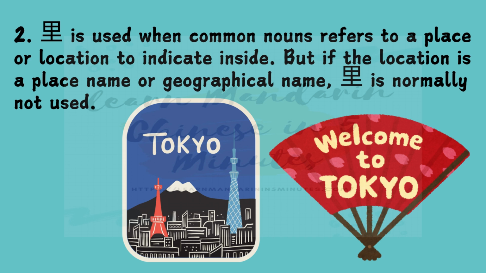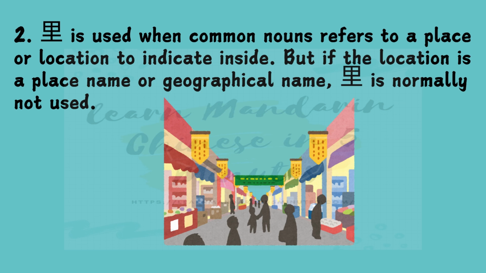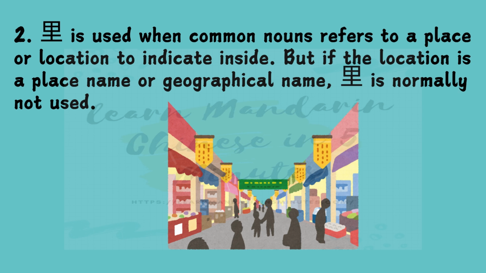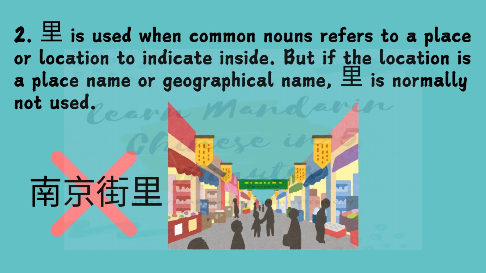他在东京里住了1个月. You cannot say 他在东京里住了1个月. This is because of the place name 东京。南京街有很多美食店。There are many food stores on Nanjing Street. So for this sentence, it is also wrong to add 里 after 南京街.